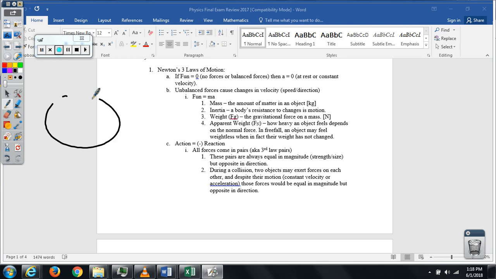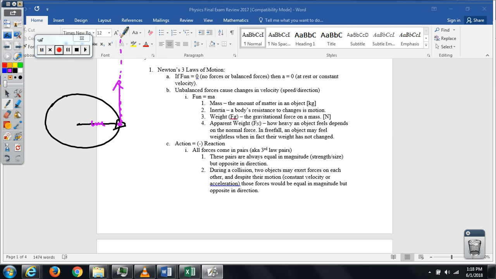So this is the path that the stopper was following, and it had a velocity in this direction at that moment. So if the string was cut, then this is the path that the stopper would follow.